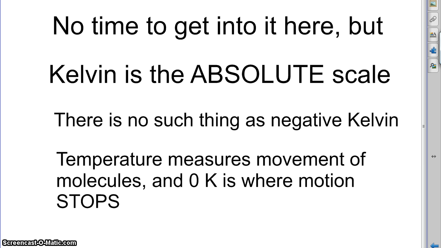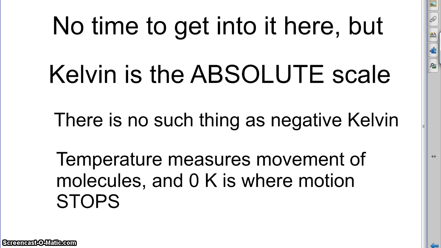So if you double a temperature in Kelvin, then its number doubles. For example, 10 Kelvin, double the temperature. Well, now it's 20 Kelvin. That doesn't work that way on the Celsius scale. On the Celsius scale, like 0 degrees Celsius, if we make it twice as hot, it's not now, still 0 degrees.